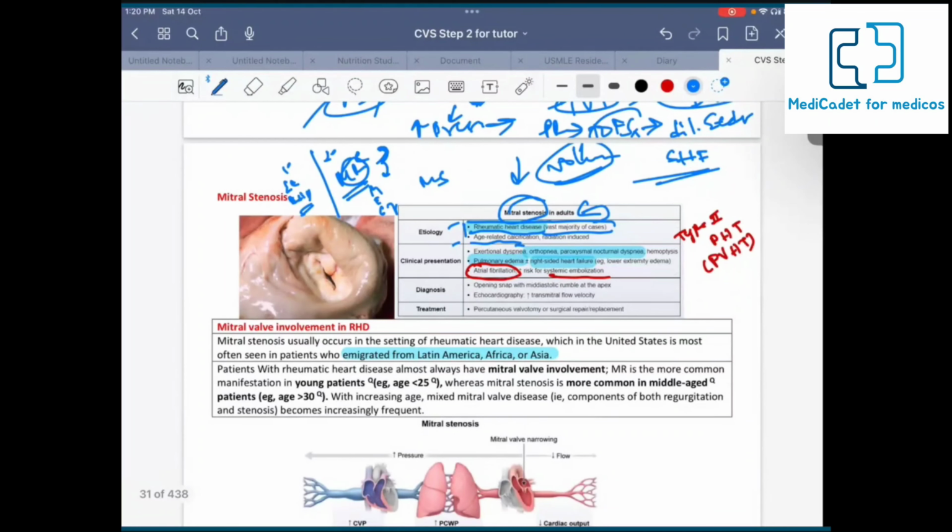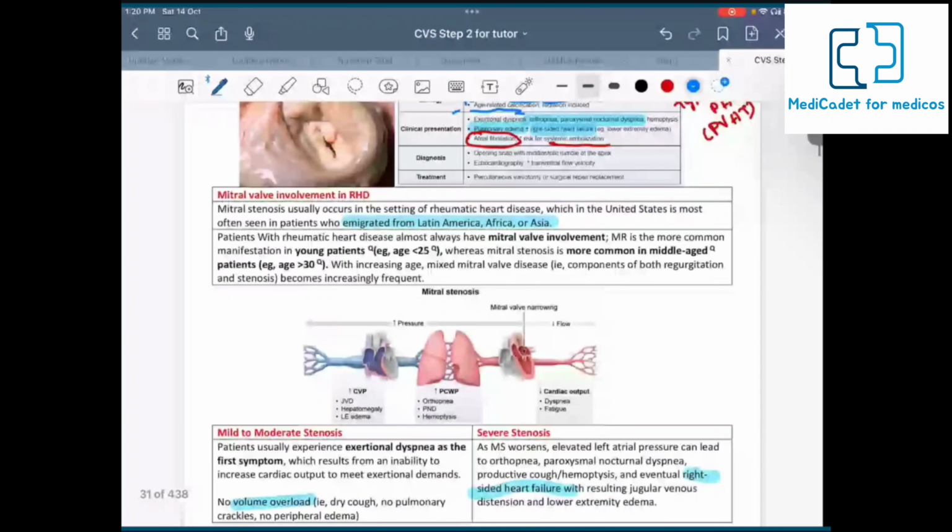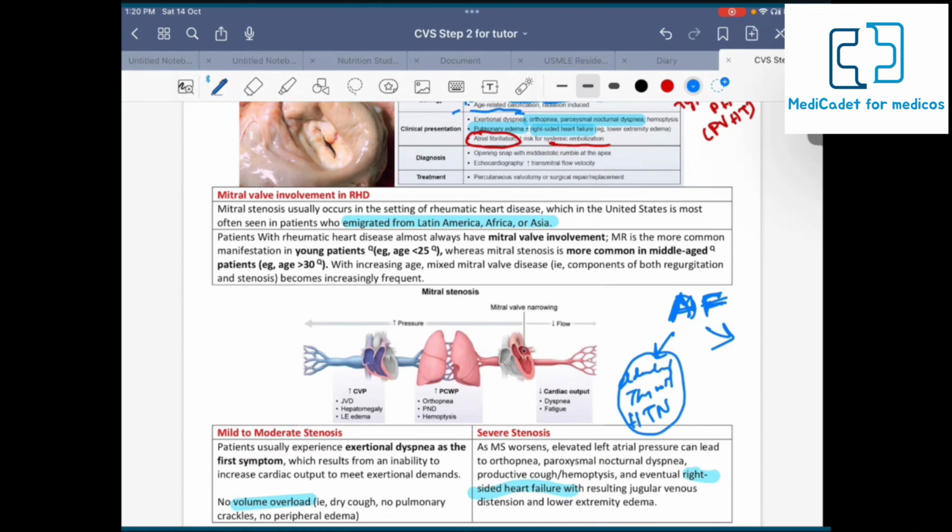And one more important thing for MS that you have to remember is atrial fibrillation. One of the most important causes of atrial fibrillation is MS. Let's just have a short look at atrial fibrillation causes. Mostly, if it's a question on atrial fibrillation, the causes they will mention in Step 2 will be either elderly, thyroid, or hypertension. These will be the most common causes.